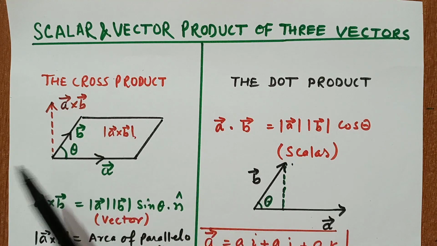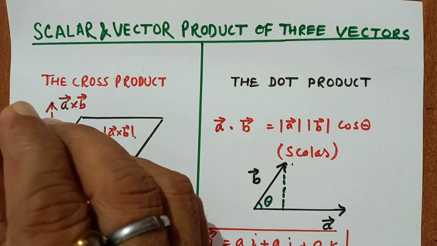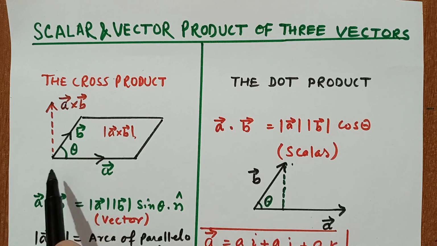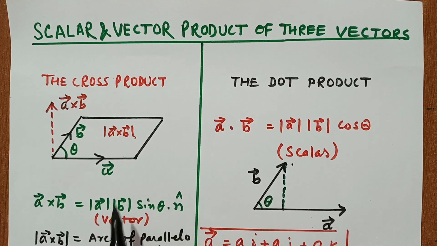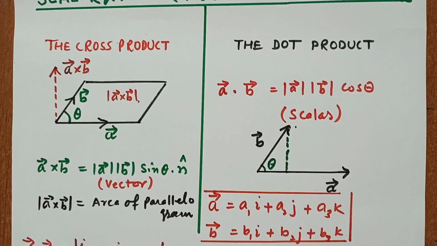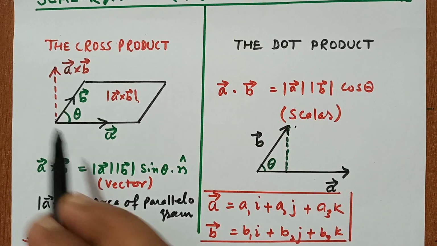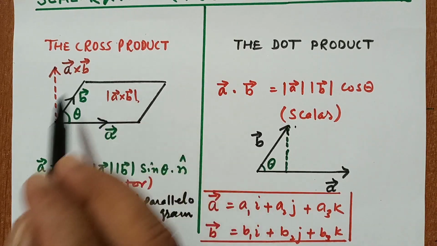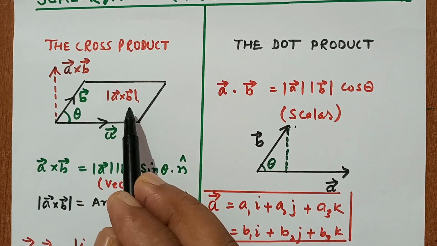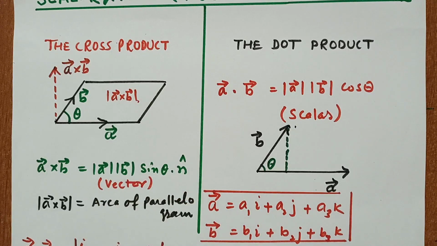Also, the area of the parallelogram is mod of A cross B.